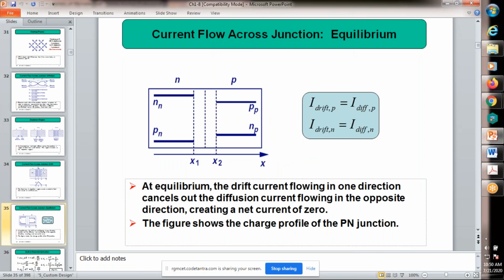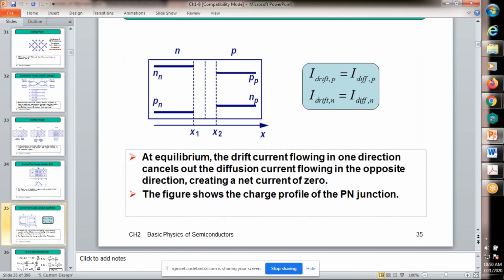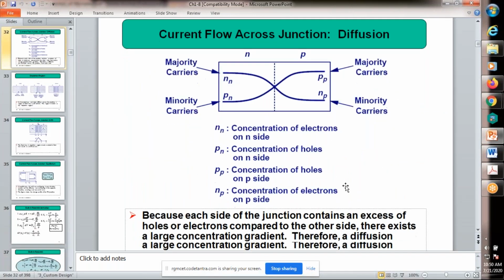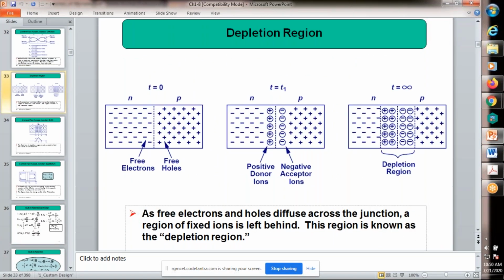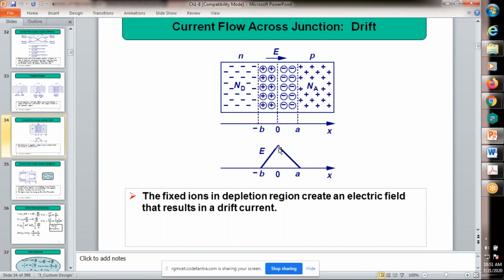Okay, time up. Tomorrow, in the next class, we derive the expression for built-in potential, and then the exact value of this depletion region. In terms of electric field we cannot understand easily, so we can convert this electric field in terms of voltage.